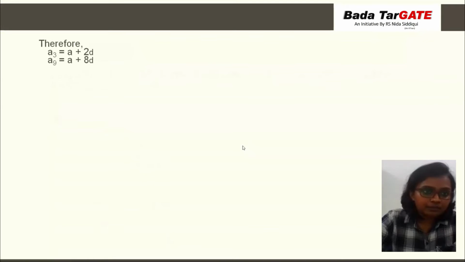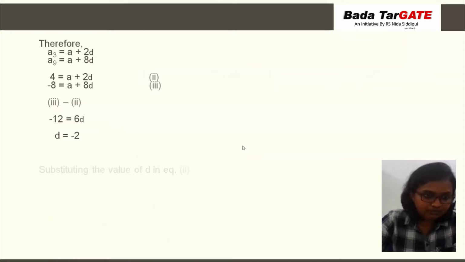And then from the question, we know the given conditions as A3 is equal to 4 and A9 is equal to minus 8. So substituting these values in the equation of the nth term of AP, you will get equation 1 and equation 2. Equation 2 minus equation 1 will be minus 12 is equal to 6D. Therefore, D will be minus 2.